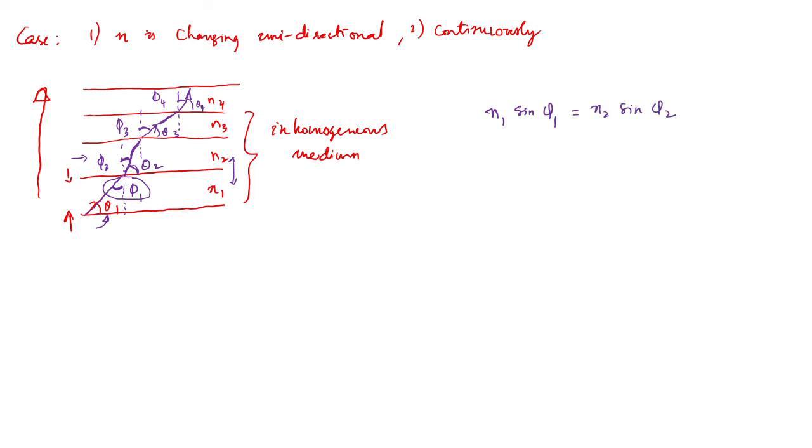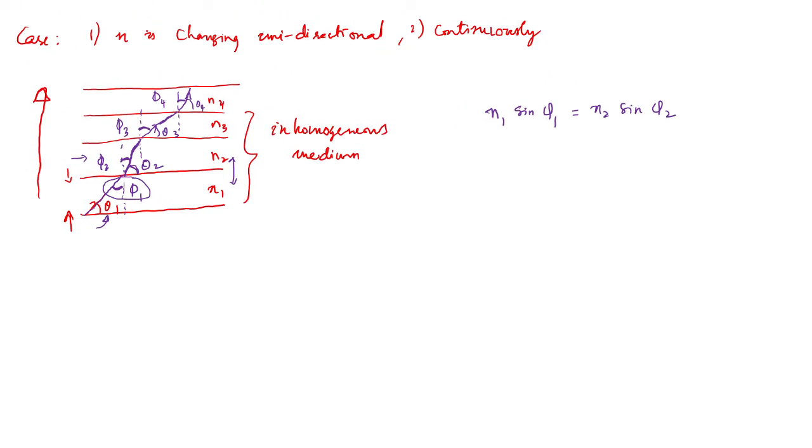I can leave the left hand side the same, and on the right hand side, instead of sine phi 2, I could write sine of 90 minus theta 2.